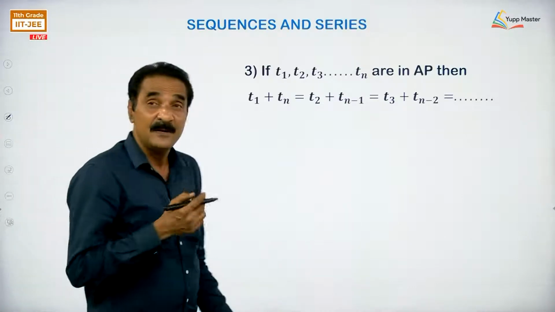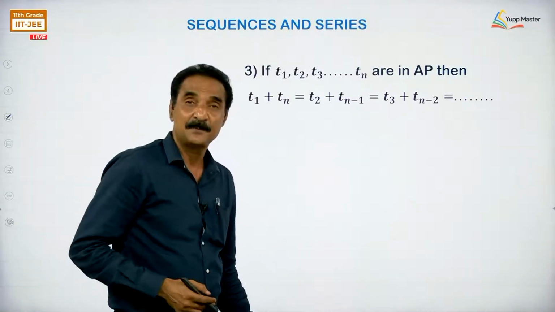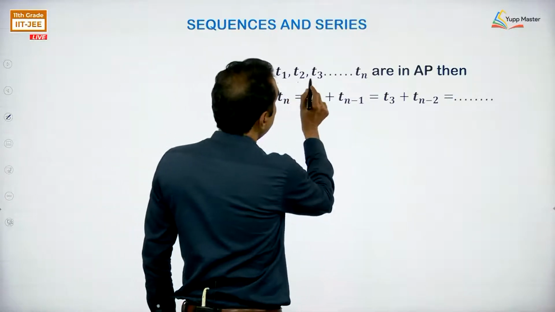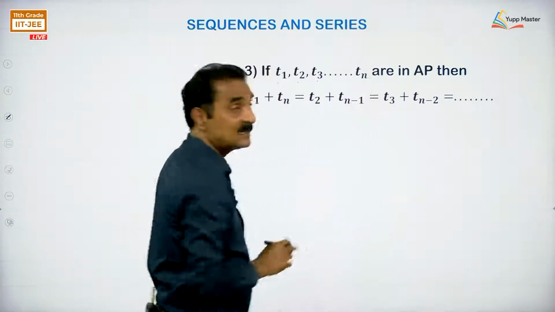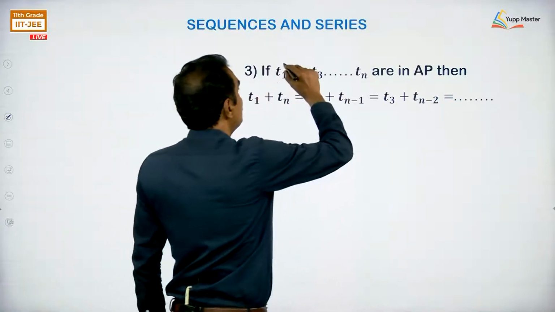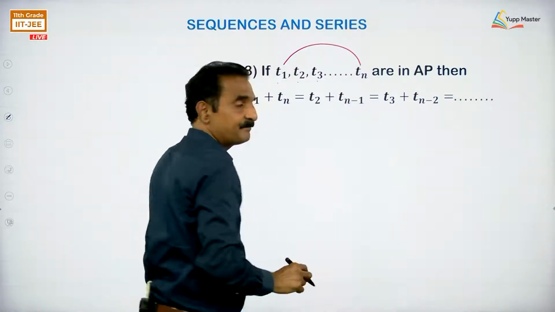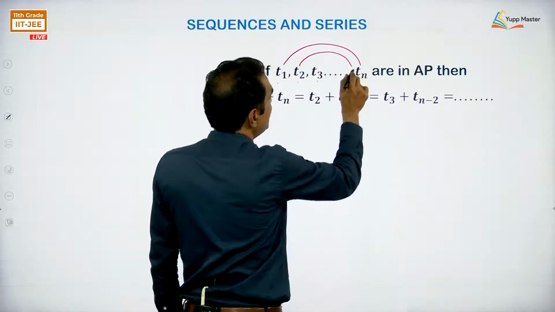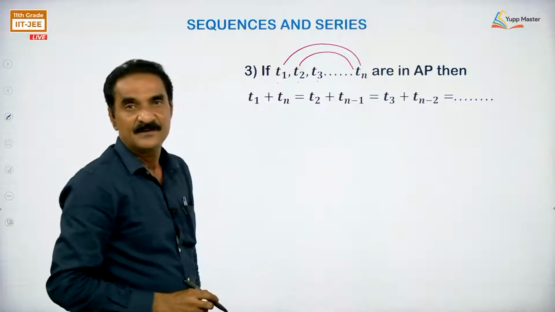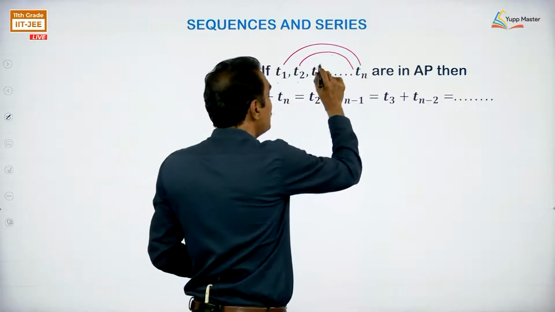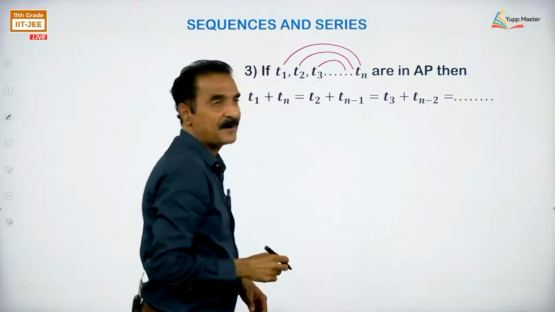Now another very important property of an arithmetic progression is, if T1, T2, T3 and so on Tn are in arithmetic progression, the first term plus last term will be equal to the second term from left plus second term from right. Second term from left plus second term from right will be equal to third term from left plus third term from right.